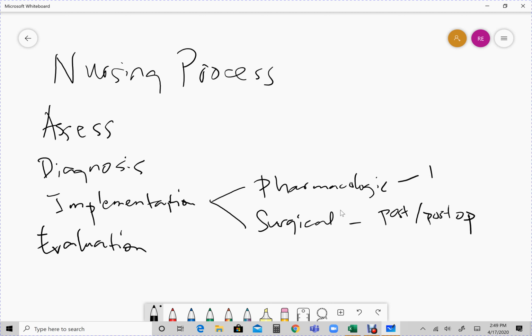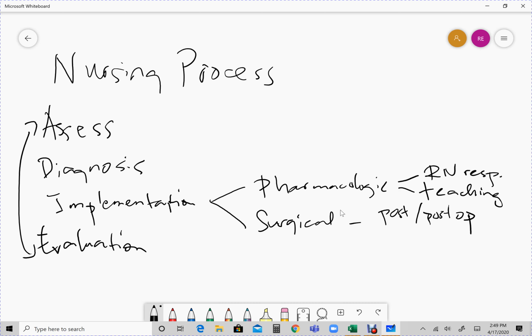So there are surgical, again, is post-op. Pharmacologic, these are nursing responsibilities, and teaching, especially with how to handle side effects or what side effects to expect. Evaluation and assessment are similar. The only difference is assessment is before interventions are done.